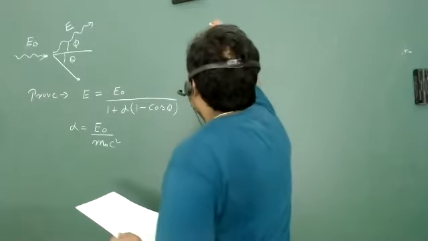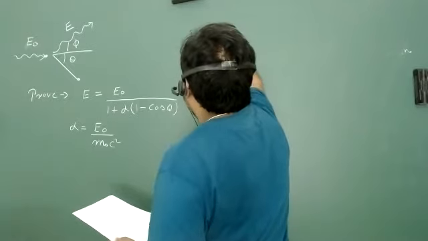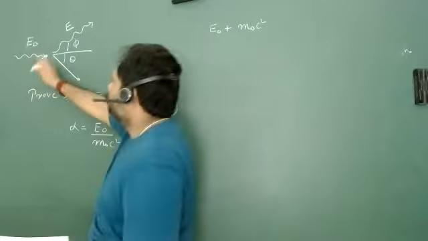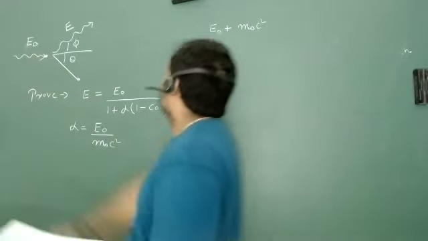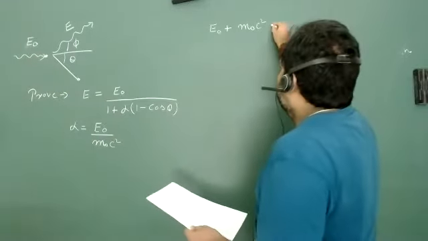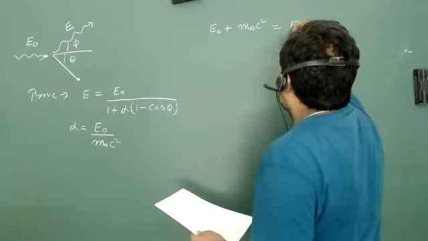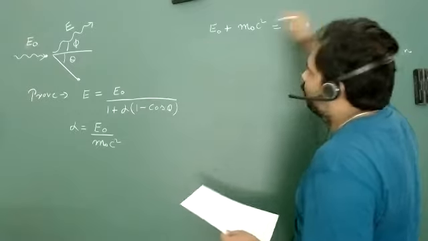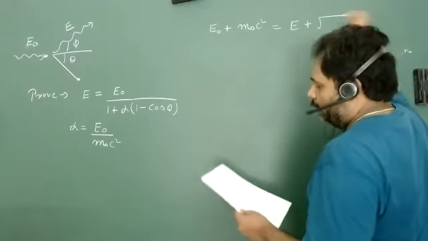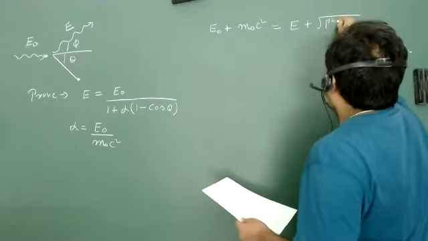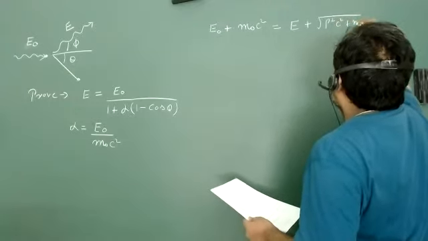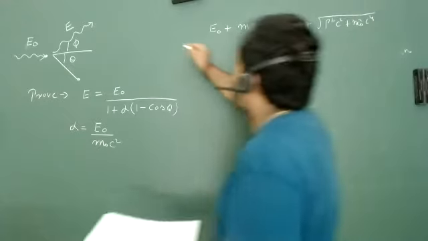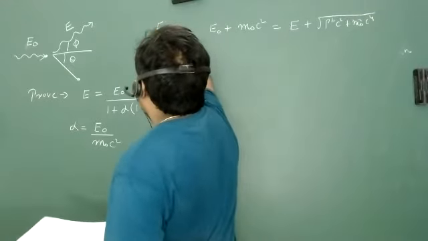Conservation of energy gives E naught plus m naught c square, the incoming energy plus rest mass energy, divided into two parts. The first part is E, the energy of the scattered photon, and the second part is the square root of P square c square plus m naught square c to the fourth. So this is my conservation of energy.